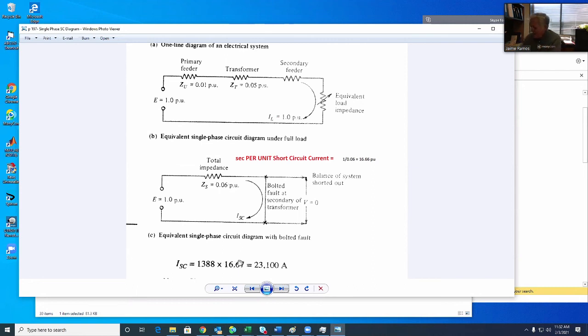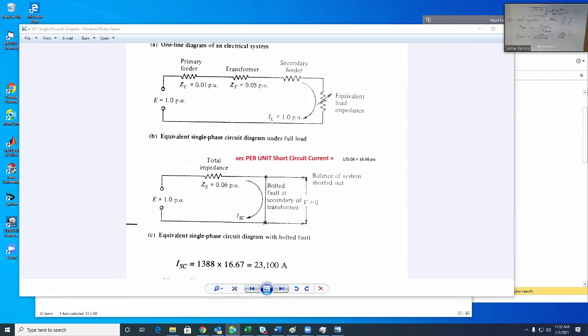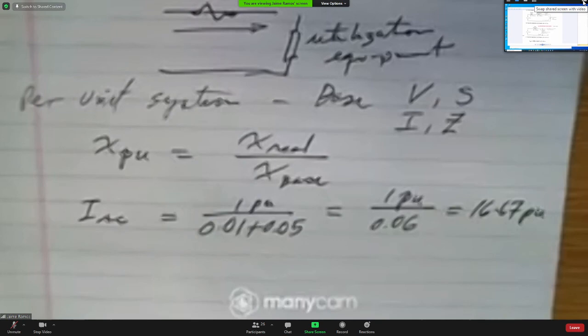Why? The short circuit current equals 1, which is the voltage per unit, divided by 0.01, the utility impedance, plus 0.05, so 0.06. So I made the division of the voltage over the impedance, 16.67 per unit. And this is the short circuit current right here.